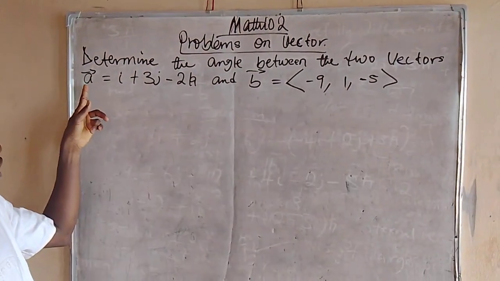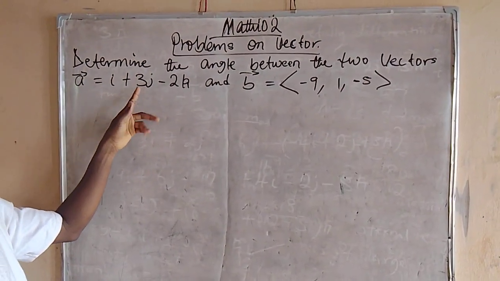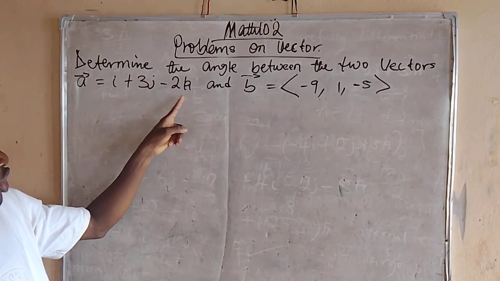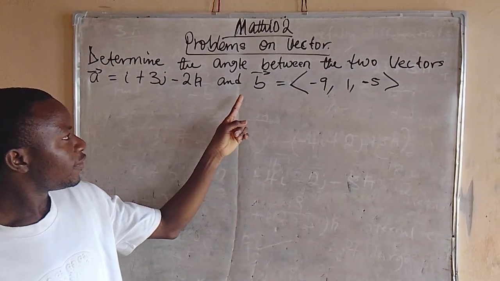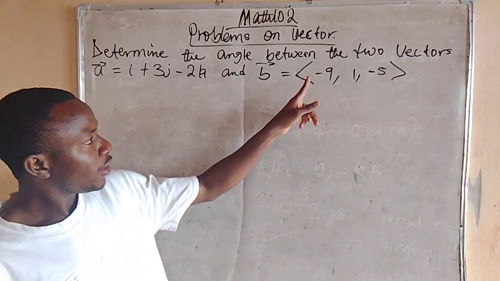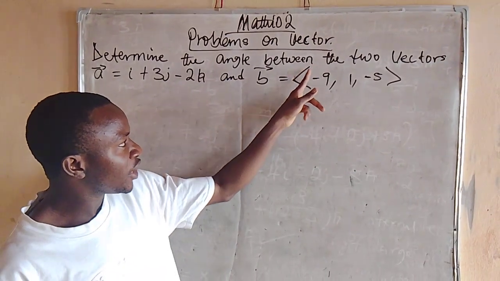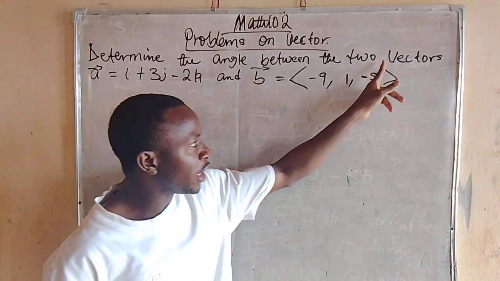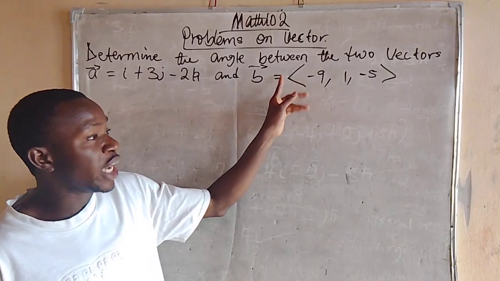What are the vectors? Vector A we have i plus 3j minus 2k. Vector B we have, when you see this sign of less than and closed with greater than, it is telling you that it's a vector.